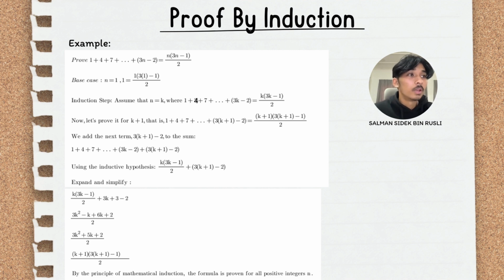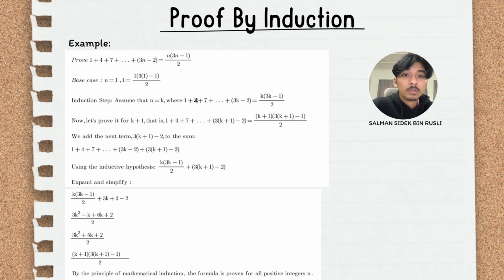Right, so now we're gonna expand and simplify this thing. So it will be k times (3k minus 1) divided by 2 plus 3k plus 3 minus 2. So we're gonna simplify it. It will be (3k squared minus k plus 6k plus 2) divided by 2.